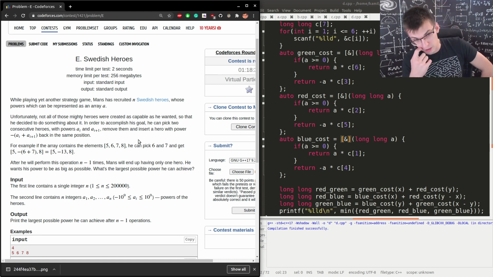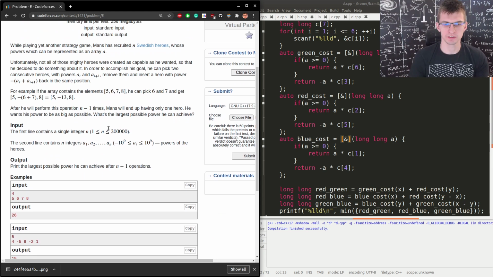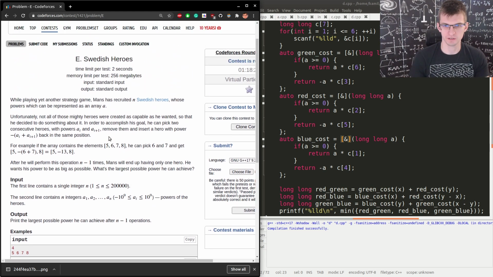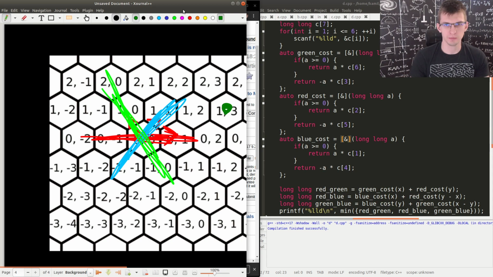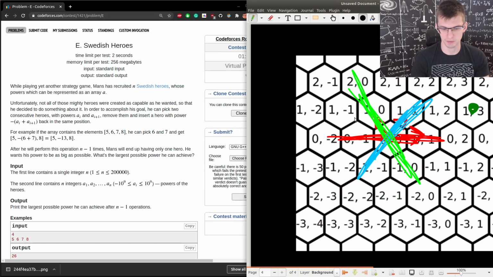Maximize the final power. Maybe we need some smart interpretation of this. When you combine 2 things into one, you can think about it as a binary tree.